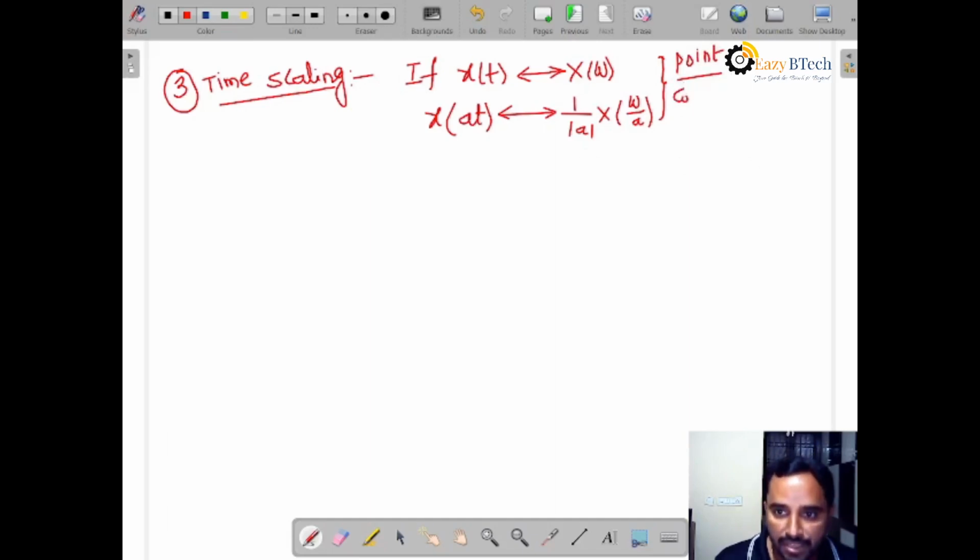So compression in the time domain is equal to expansion in the frequency domain, and vice versa.